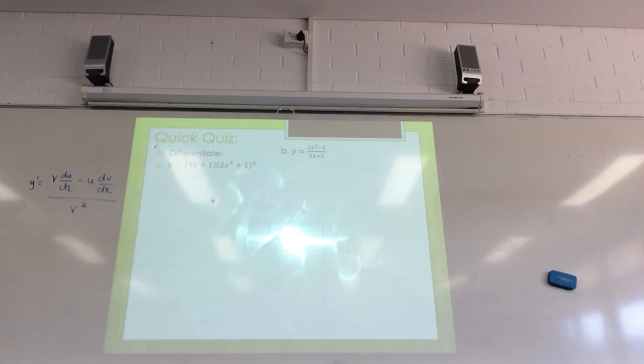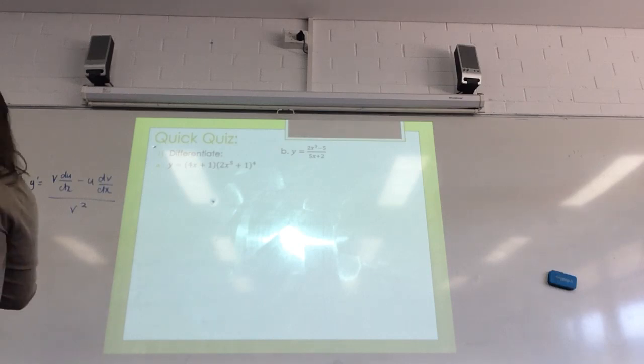So start, once you've identified it as a product, identify u, identify v. Yeah, I do recommend that. Write a list of u and v. Differentiate.